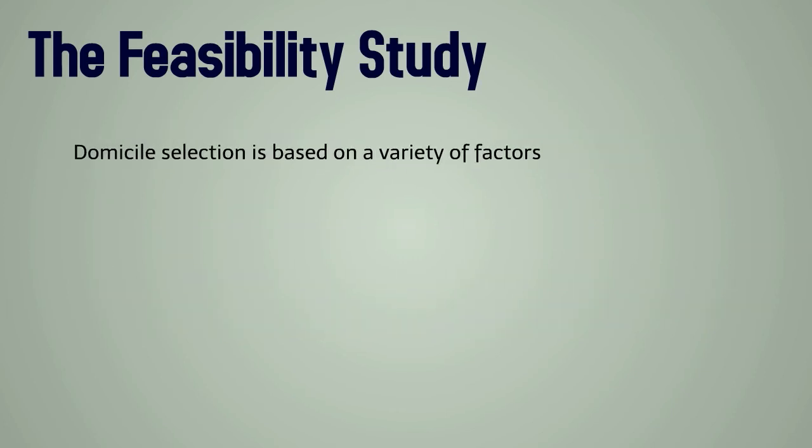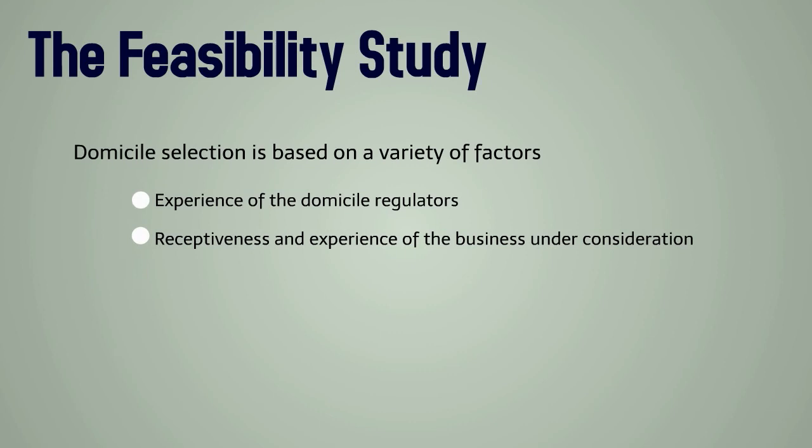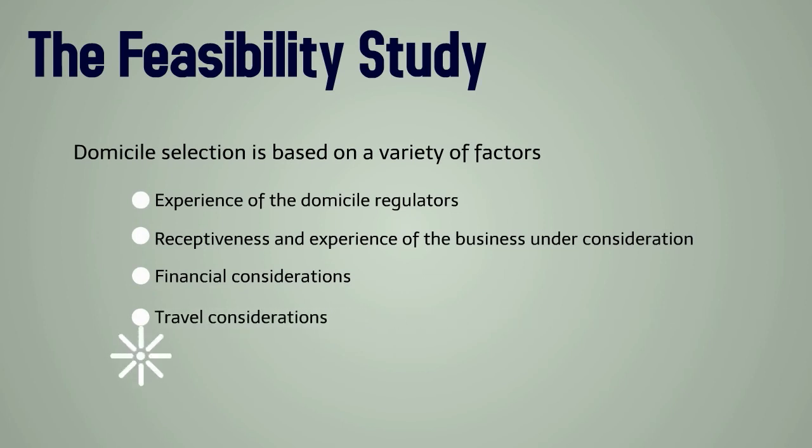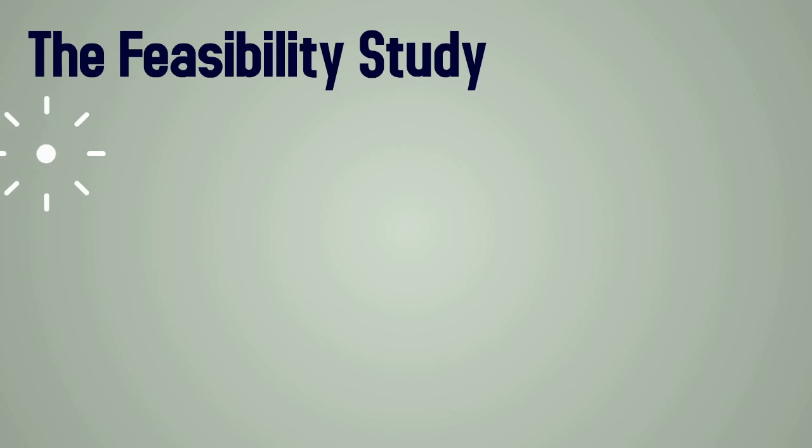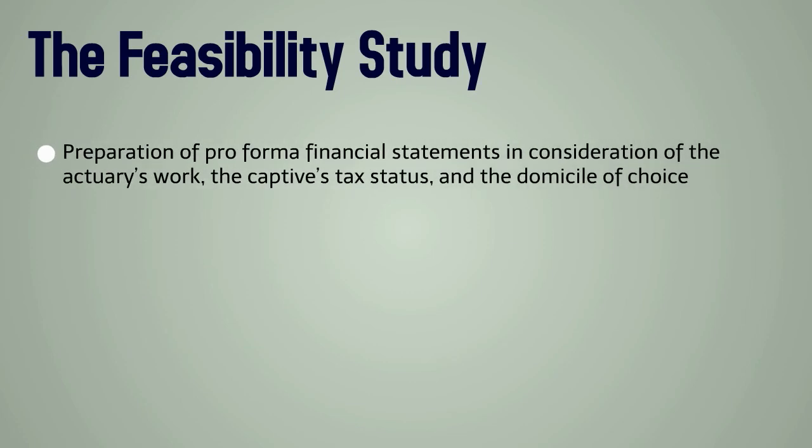Domicile selection is based on a variety of factors: experience of the domicile regulators, receptiveness and experience of the business under consideration, financial considerations, travel considerations, and tax outcome. The feasibility study also includes preparation of pro forma financial statements in consideration of the actuary's work, the captive's tax status, and the domicile of choice.